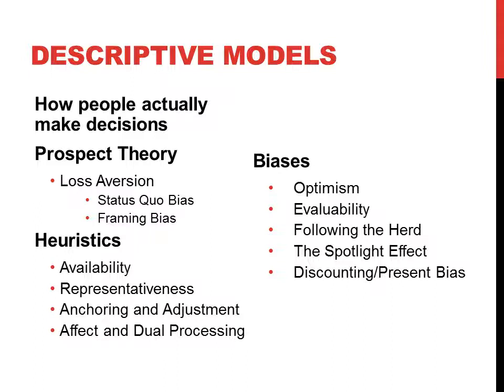We're going to look at the optimism bias, something called evaluability, following the herd, the spotlight effect, and then discounting and the present bias. And so this part of the class gives us a relatively good handle on what's actually happening as opposed to the theoretical ideal of what should happen.